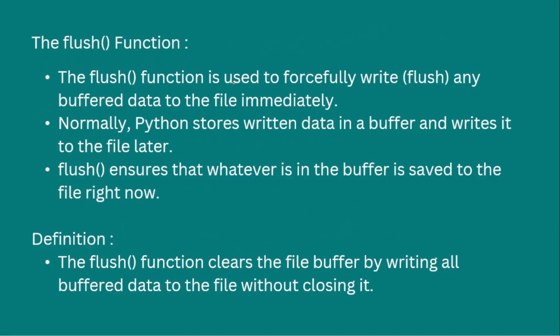The flush function is used to forcefully write any buffer data to the file immediately. We know that before permanently storing to a file, data is present in buffer memory. If we want to force that data to be written immediately, we use the flush function. Python stores written data in a buffer and writes it to the file later.